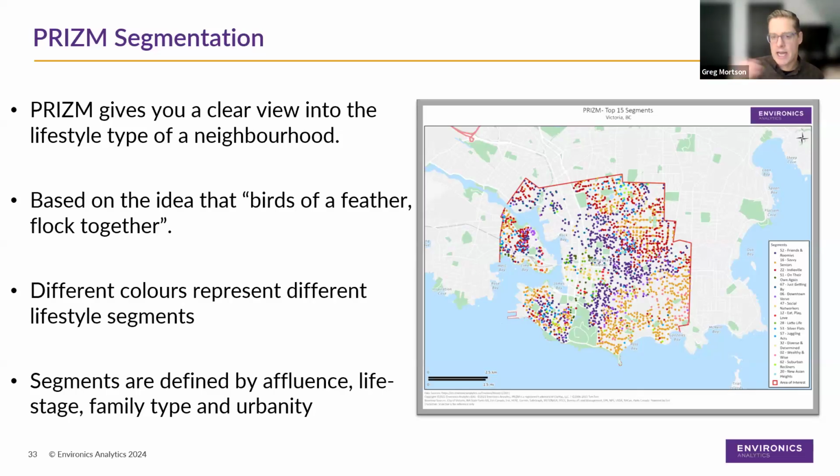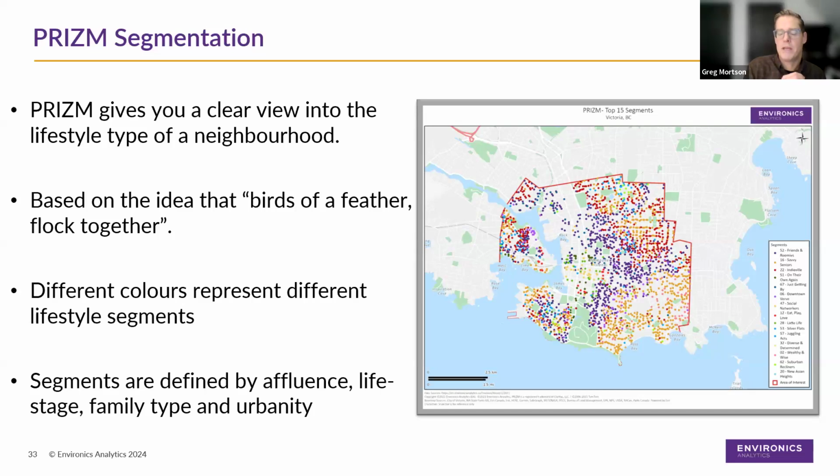And we categorize residential postal codes, everyone across the country, into one of 67 segments. And each of these segments has all sorts of information, not only demographics, but behaviors and values baked into them.